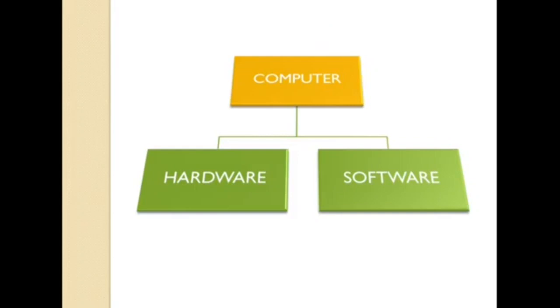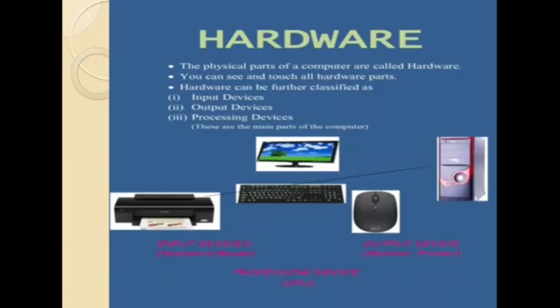Now we will see about hardware. What is hardware? The physical parts of a computer are called hardware. Physical parts of the computer means we can touch and see them.